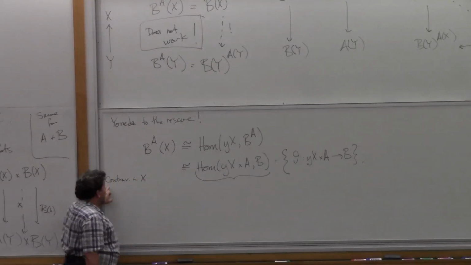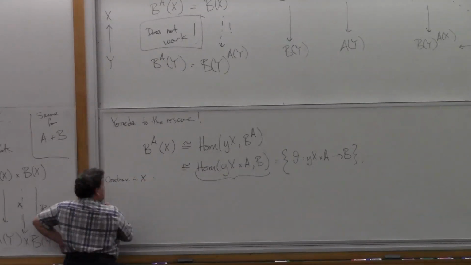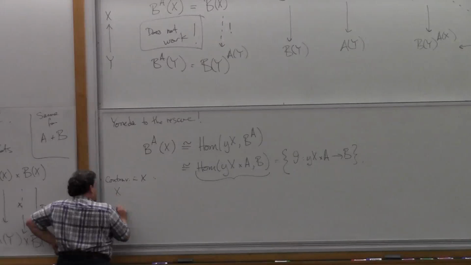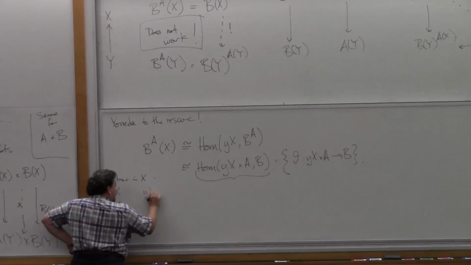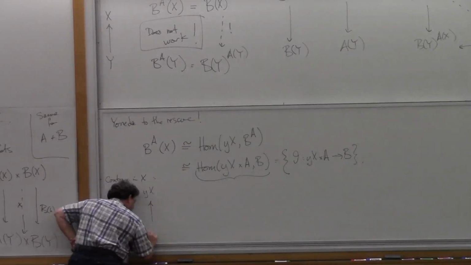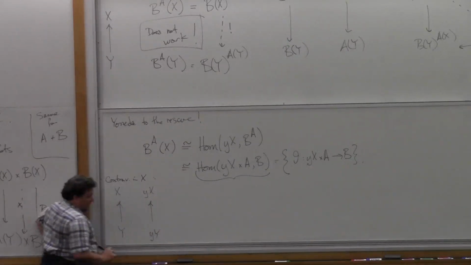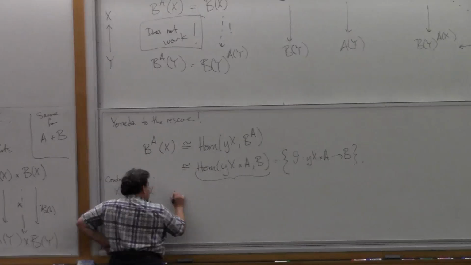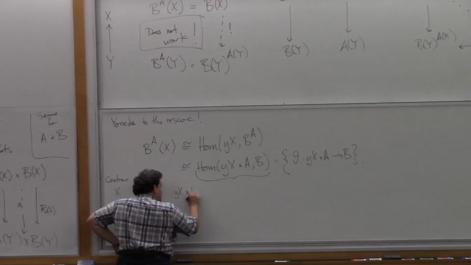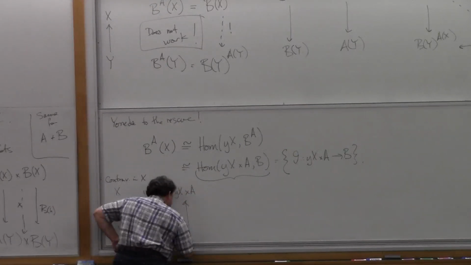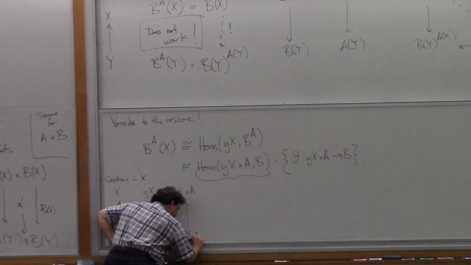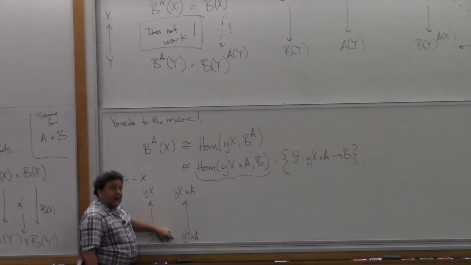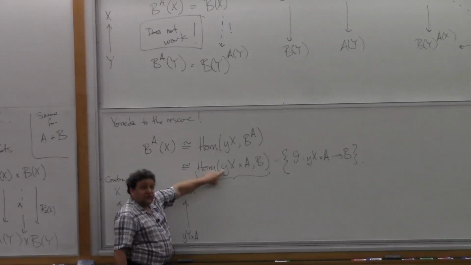Is it a contravariant functor of x? Well, let's see. Let's suppose that y goes to x. Well, we know the Yoneda embedding is a functor, so that gives us this. Now we can cross that thing with a, because that's a functor, so that gives us yx × a. And now we're homming out of this thing in this expression, right?